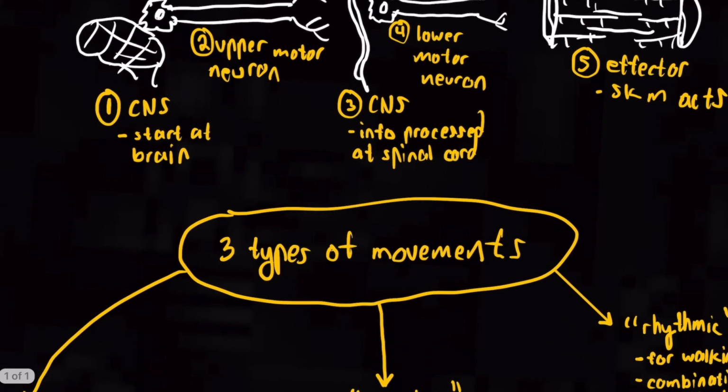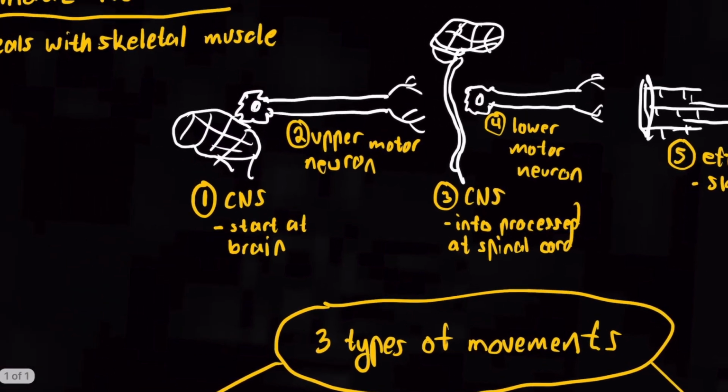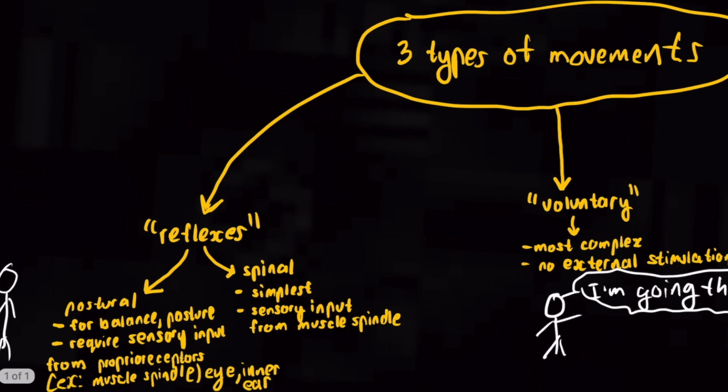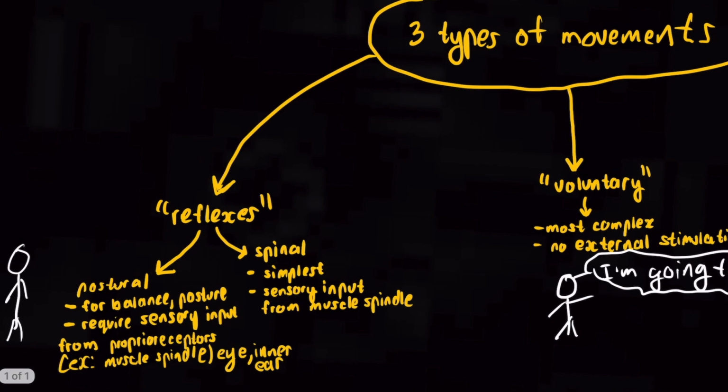Let us look at three different types of movements involved with the somatic nervous system. The first one is what we would call reflexes. Reflexes are composed of things such as spinal and postural reflexes.